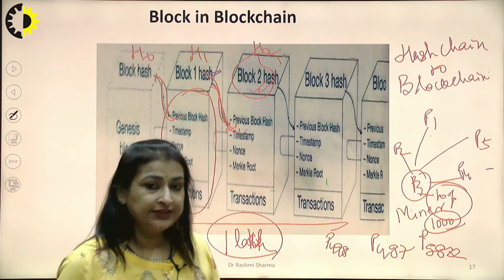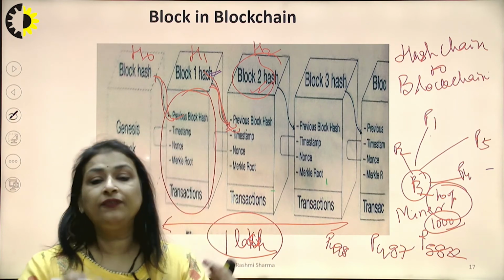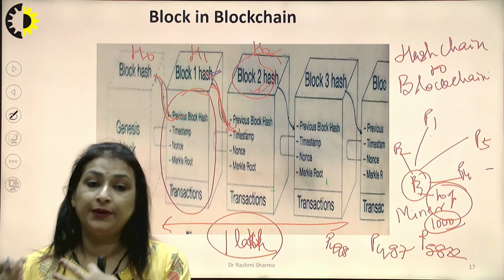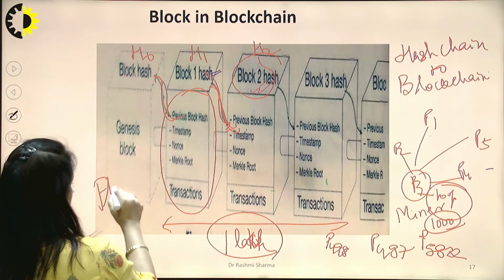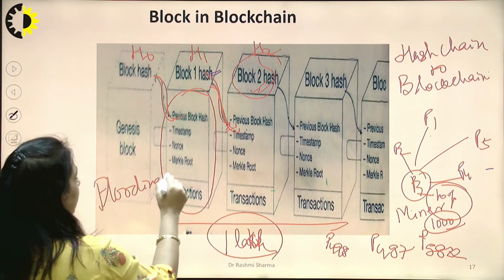So this process, where P3 doesn't itself broadcast this to each and every person in the blockchain, is called flooding of the blocks.